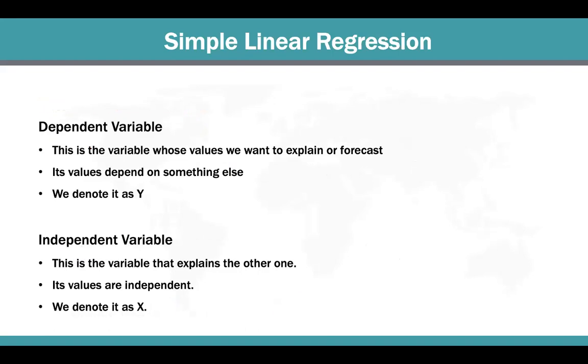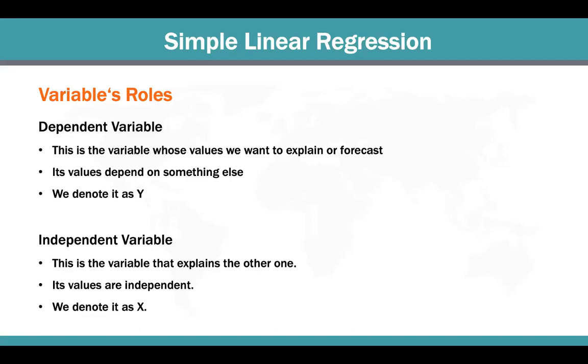So we are going to talk about 2 different roles that variables play in regression models. The first one is the dependent variable. This is a variable that we want to explain or forecast, and we call it dependent because its values depend on something else.